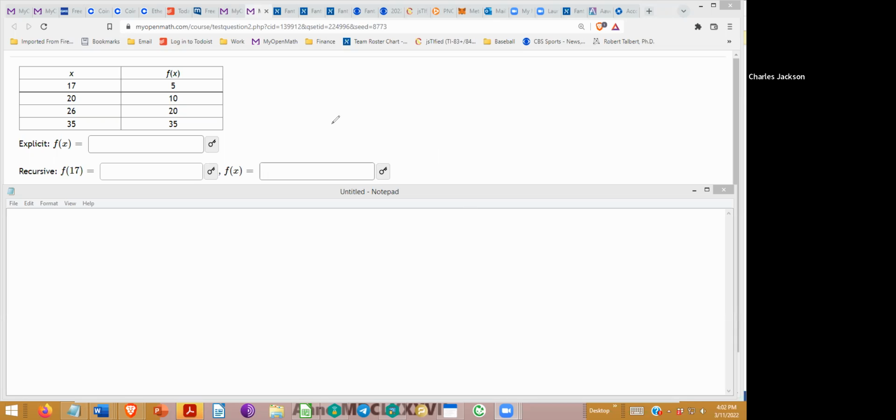So what if you wanted to find an explicit and recursive formula for the sequence given by a function? Well, first of all, we note that even though the notation is different, it's no different than what you have done in the past.